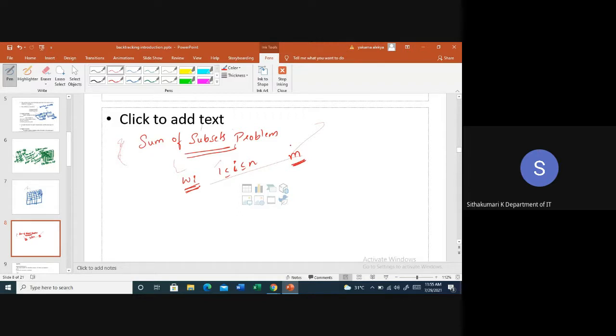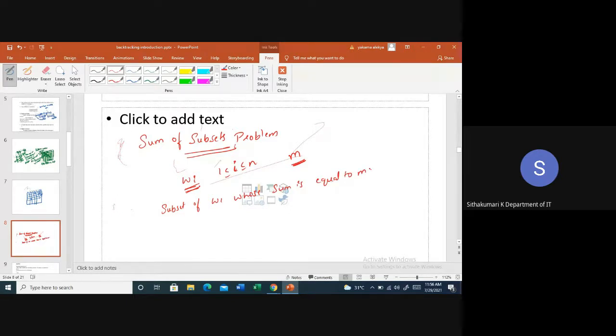The problem is we need to find all the subsets of Wi's whose sums are equal to m. This is the problem statement.